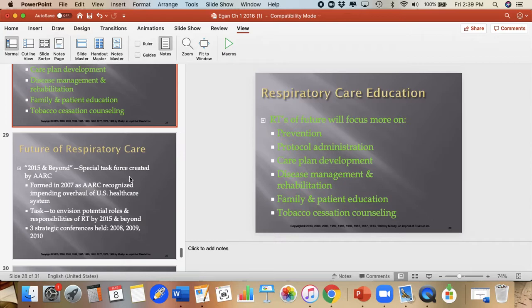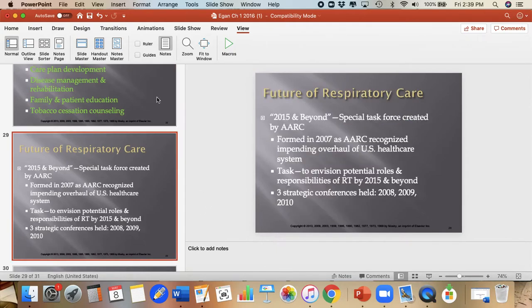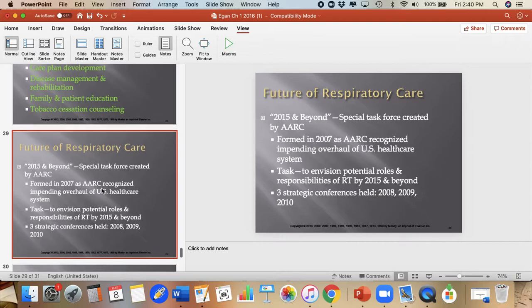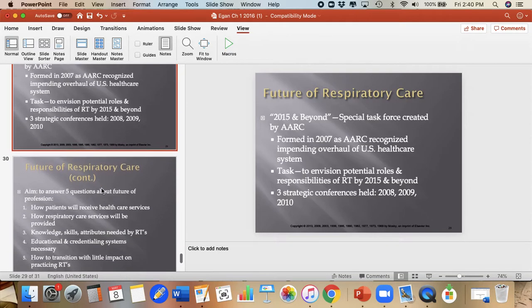I suspect that in the coming day, vaping will be the new smoking epidemic, and a lot of education and prevention is going to need to go into keeping our patients healthy and educating the community just about how detrimental the effects of vaping can be. So this is kind of moving forward in what the future of respiratory care looks like.